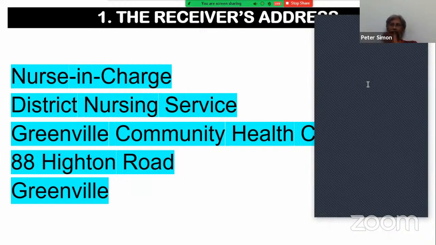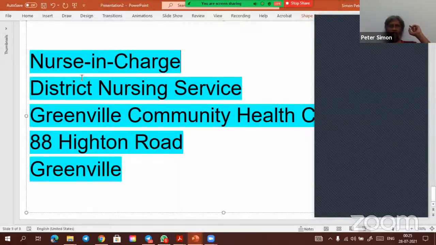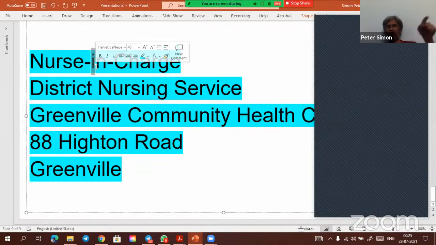Right, Amreen: nurse in charge, district nursing service, Greenville Community Health Care Center, 88 Highton Road, Greenville. Okay. I told you preposition, no capital letter. You can see here, preposition, no capital letter.